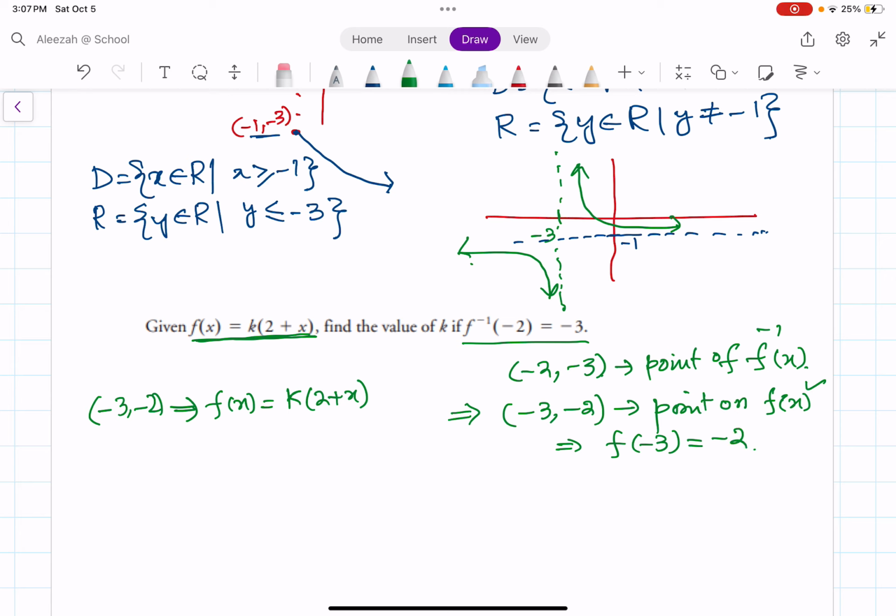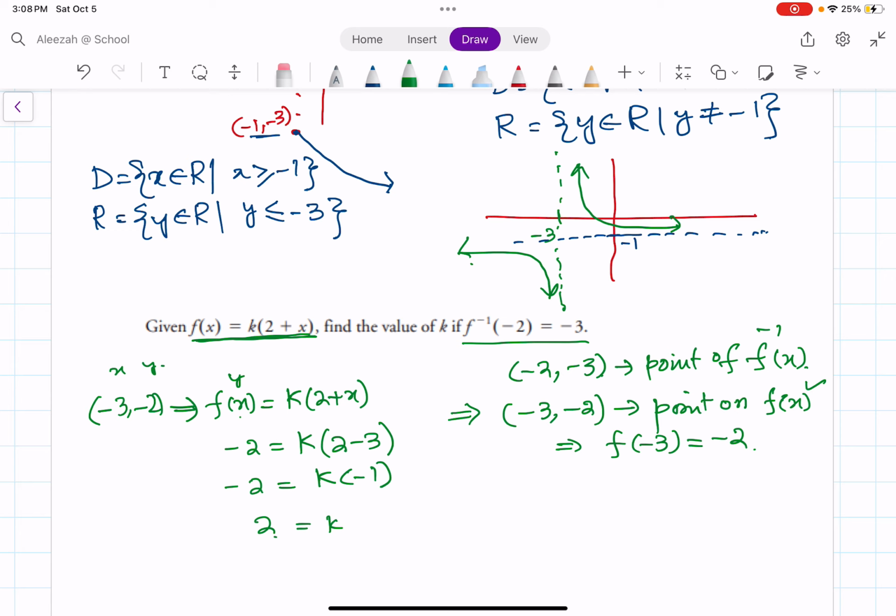This is your x and this is y. So y is -2, and x is -3. So -2 equals k times (-1). So k equals 2.